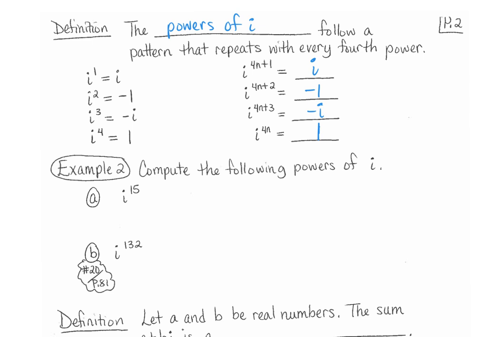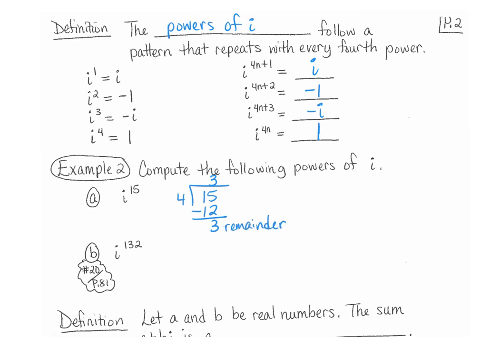Our ultimate goal is to see what our remainder is. 4 goes into 15 how many times? 3. 3 times 4 is 12. 15 minus 12 is 3. So this is our remainder.